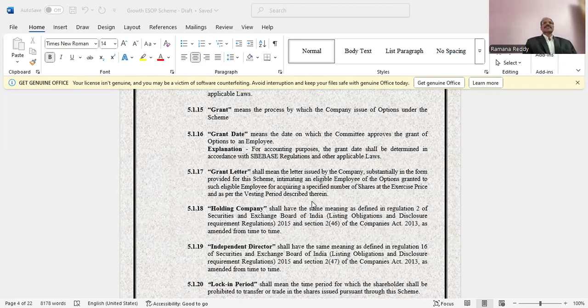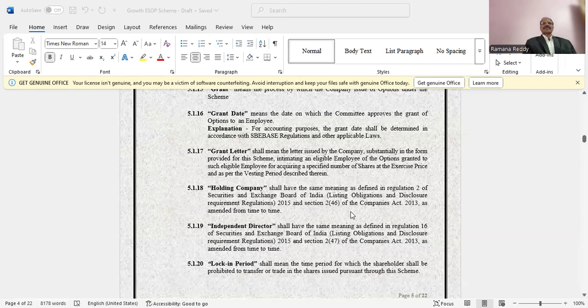This grant letter is an intimation to the employee. Yes, a certain number of options you are eligible for. Once it is vested, then you can exercise. This will be converted into shares. Full details will be given in the grant letter. This is an intimation to the employee. That employee will be called a grantee.